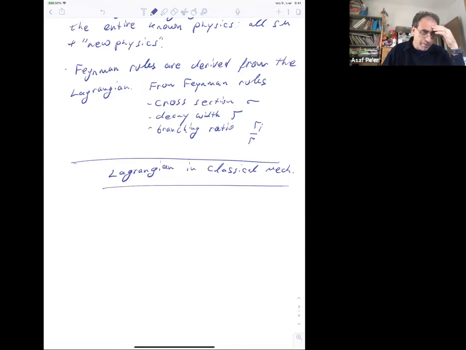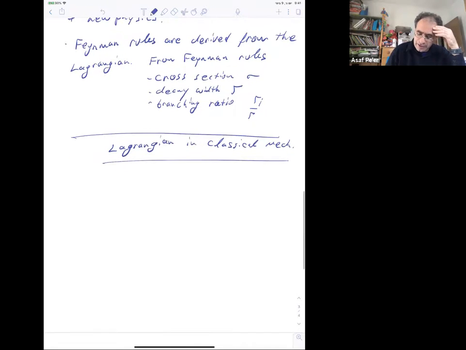The equation of motion of a particle is described in terms of the forces and the acceleration. We can use Newton's second law, F equal m x double dot. This is Newton's law. Now we can get the same equation by the Lagrangian.